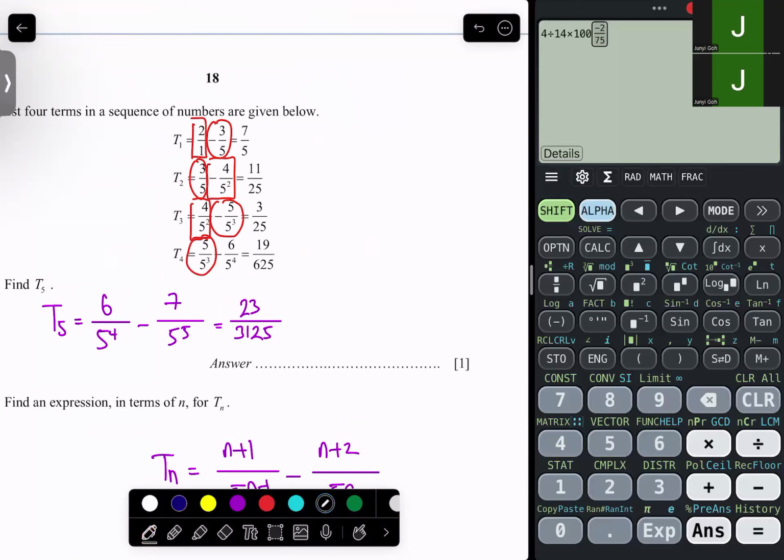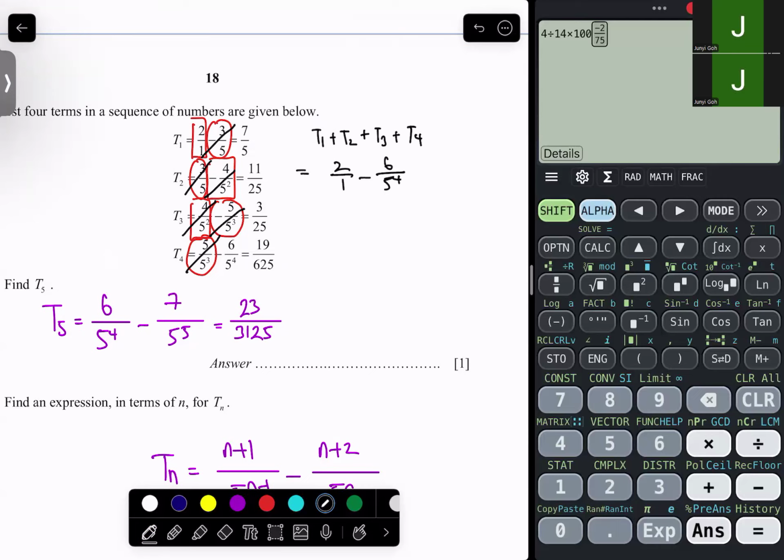You realize that in between, these cancel off. So up to T4, if I take T1 plus T2 plus T3 plus T4, what I really have is just 2 over 1 minus 6 over 5 to the power 4.